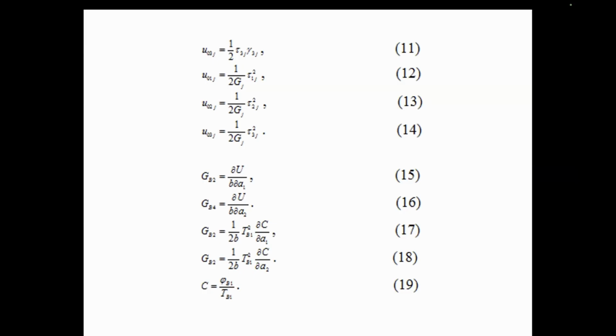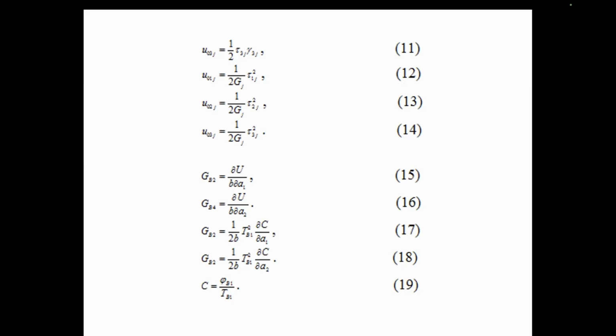The compliance C is given by formula number 19. The findings from equations number 17 and 18 confirm the strain energy release rate obtained from formulas number 15 and 16.